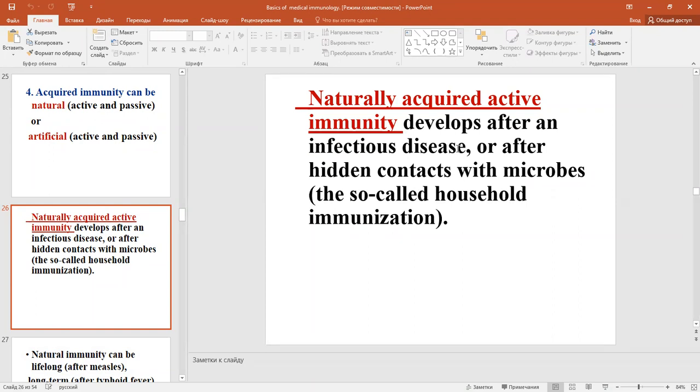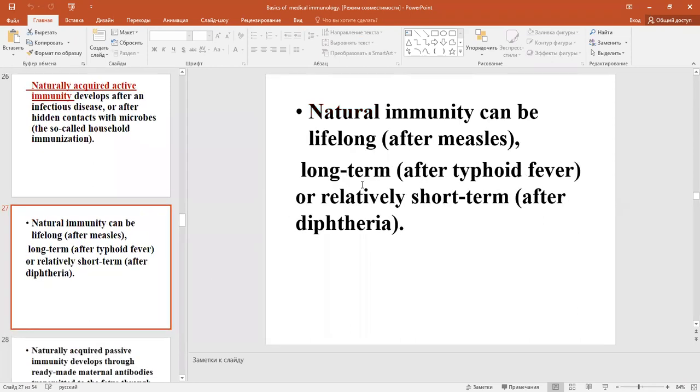In case of active immunity, the immune system should be activated. Natural immunity is developed due to natural infectious diseases, and it can be lifelong after measles, for example, long-term after typhoid fever, or relatively short-term after diphtheria.